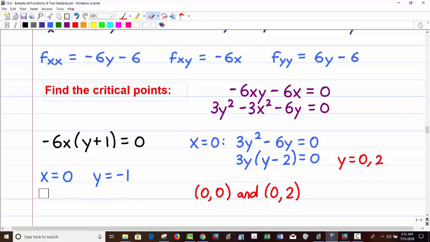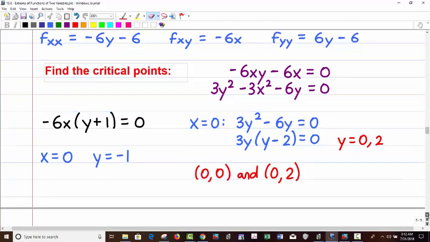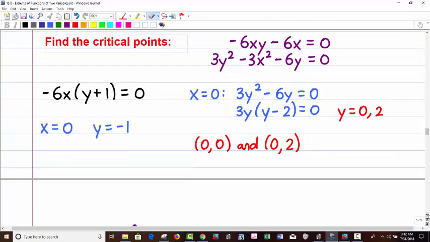So I start with the x equals 0. It doesn't really matter which one you start with. I plug x equals 0 into the bottom equation, which wipes out the term that has the x. So I have 3y squared minus 6y equals 0. Factoring out 3y, I have 3y times (y minus 2) equals 0.